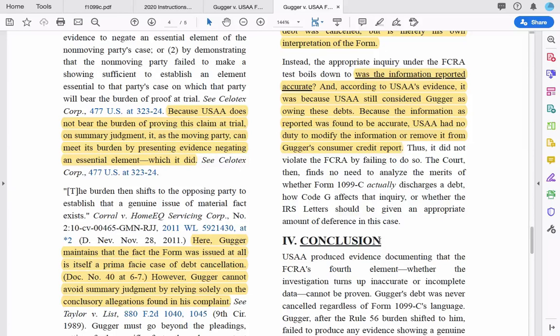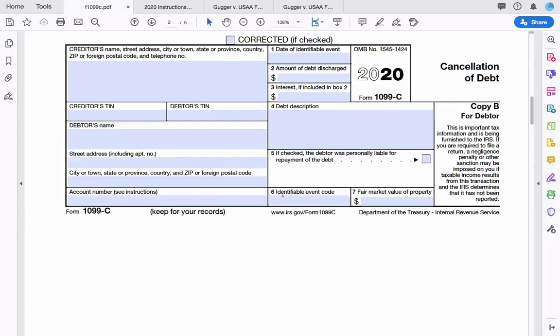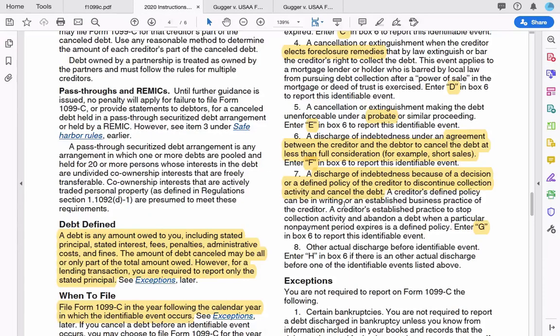Why did you put in box 6 right here, identifiable event code, why did you enter G there when it says you're only to do that when you discontinue collection, which kind of contradicts this argument that we thought the debt was still owed, and you cancel the debt. Well, did you cancel the debt or did you not cancel the debt? Which one is it? And so you get some evidence so that you give the judge something to rule on in your favor.